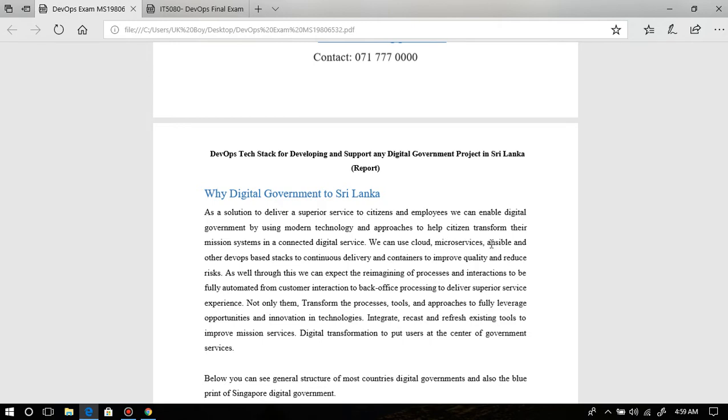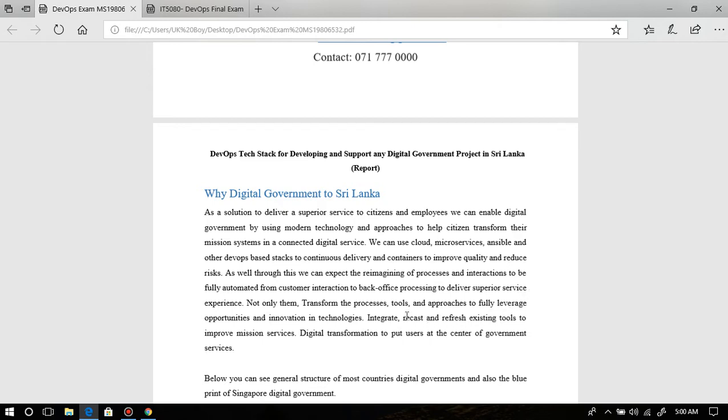We can use cloud, microservices, Ansible and other DevOps-based stack for continuous delivery, and containers to improve quality and reduce risk. As well, through this we can expect the reimagining of processes and interactions to be fully automated, from customer interaction to back office processing, to deliver a superior service experience.